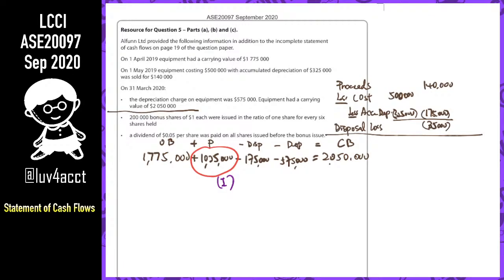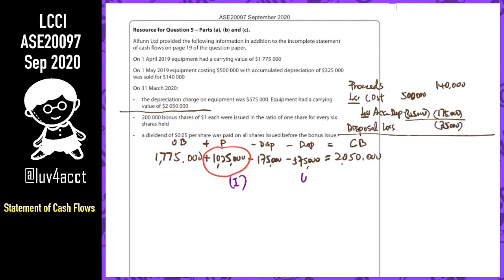Okay, and we always have depreciation. Okay, operating activities positive because it is a non-cash expense which is to be added back to the profit to reconcile it to cash flows.